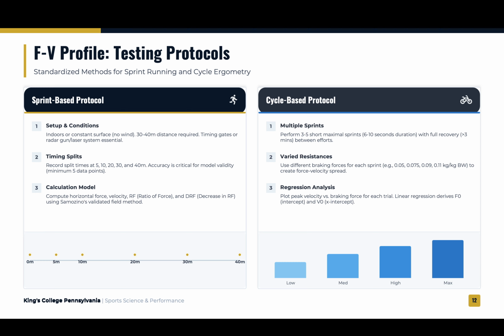You do this at varied resistance, using different braking forces for each sprint, like 0.05, 0.075, 0.9, etc., to create force-velocity spreads. For the regression analysis, you plot peak velocity versus braking force for each trial. Linear regression derives maximal force on the y-intercept and max velocity on the x-intercept.